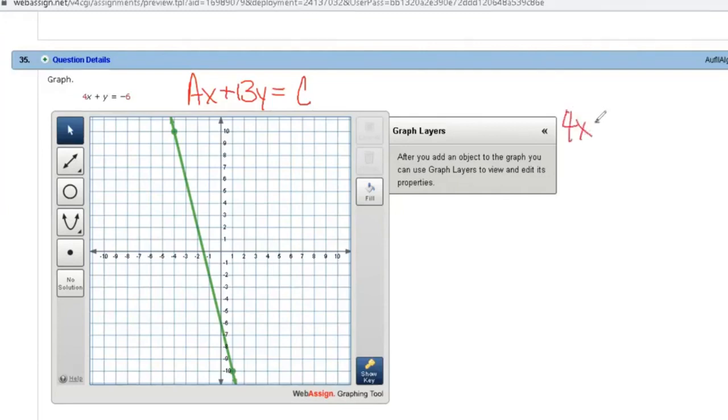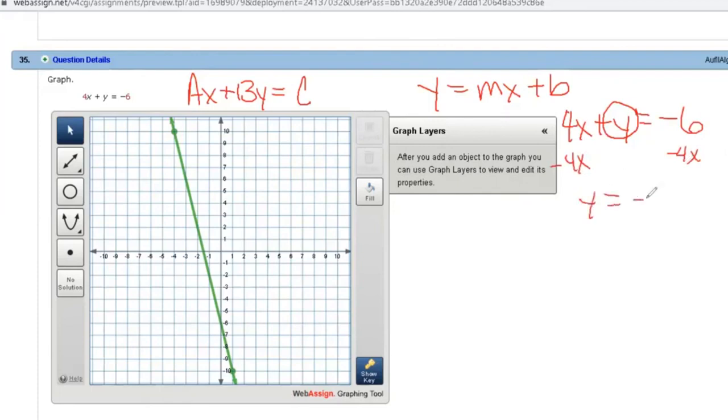So we have 4x plus y equals -6. In order for it to be in slope-intercept form, I need y = mx + b. So that means I need this y to be over here by itself. So this 4x is positive, so I'm going to subtract 4x from both sides.